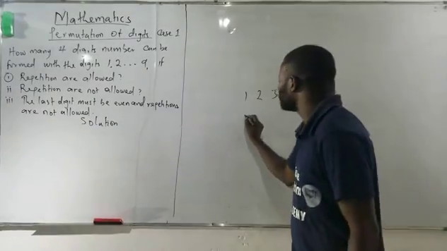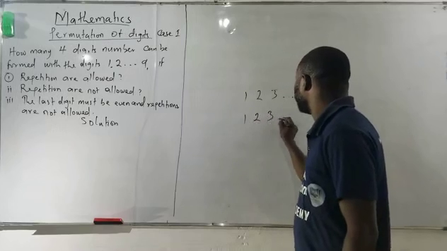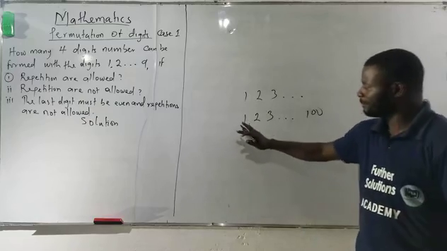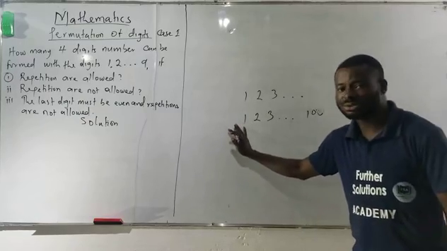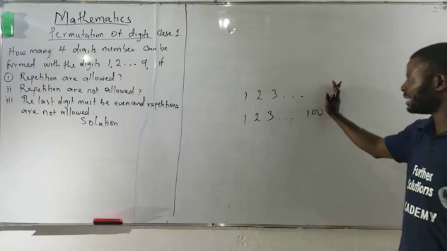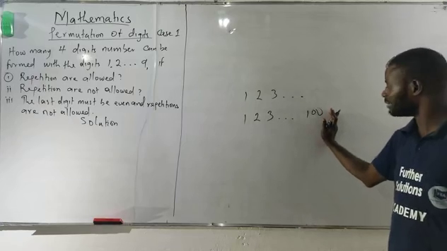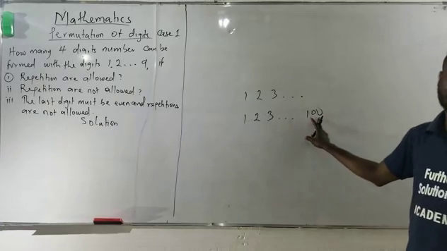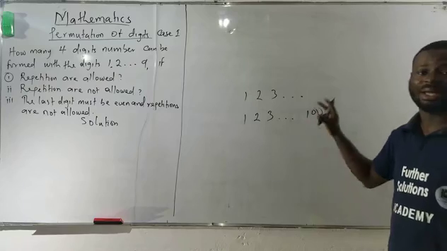Now, when you have 1, 2, 3, up to 100, this particular set has a lower bound. It's bounded below, and bounded above. Do you get it? It means the numbers start from 1 and end at 100.